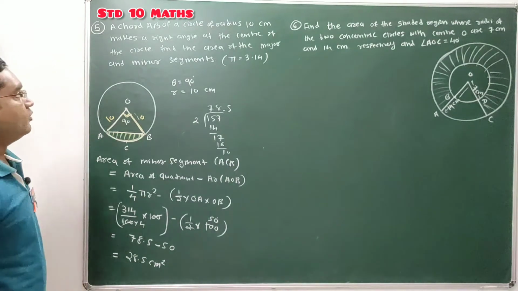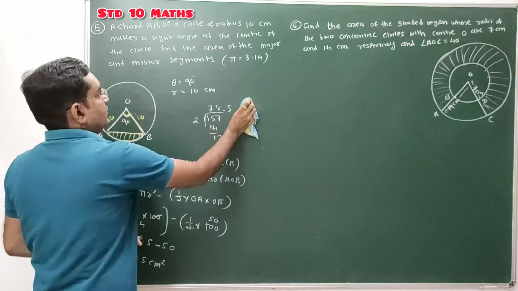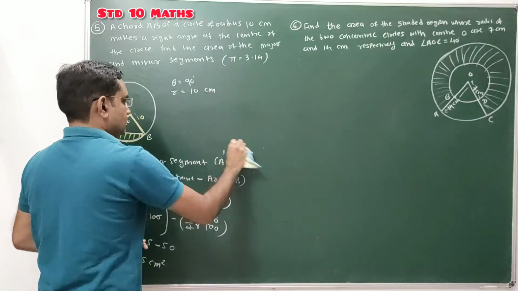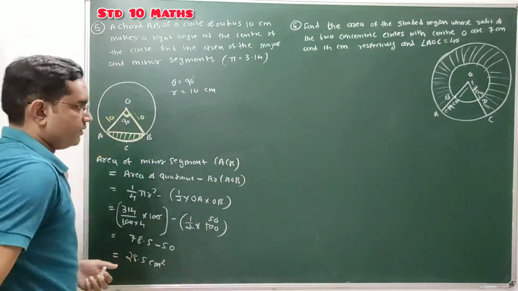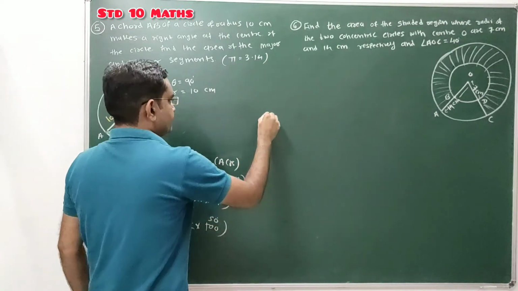We have to find the area of the minor segment as well as the major segment. What is the area of the major segment? Let me write over here.